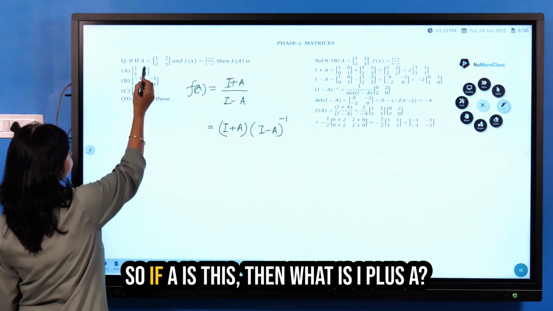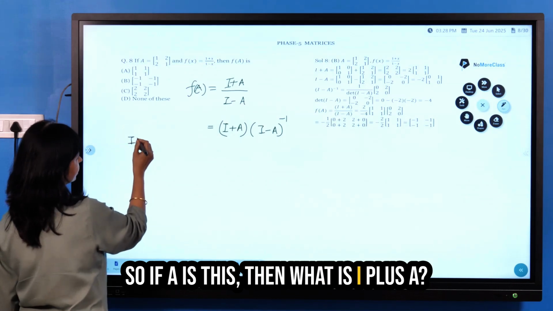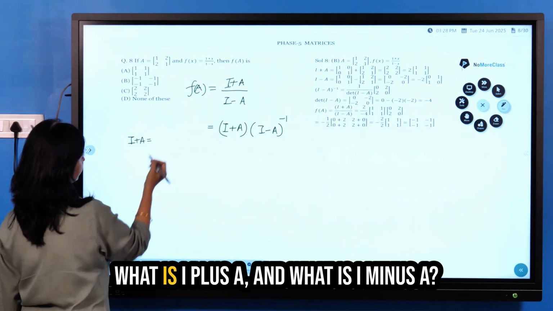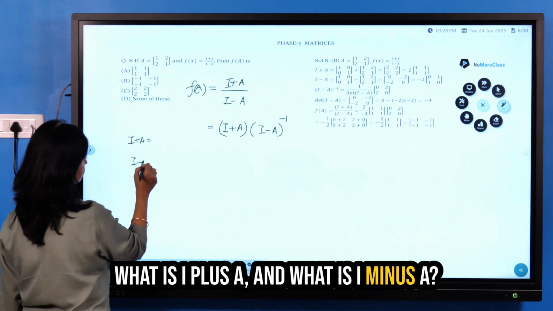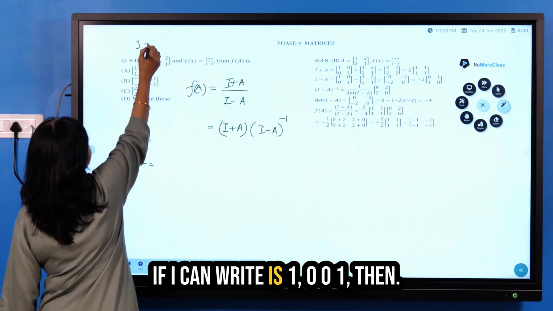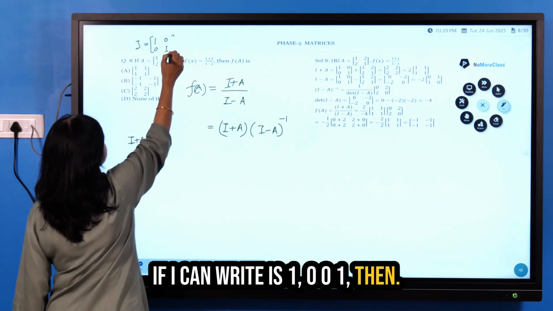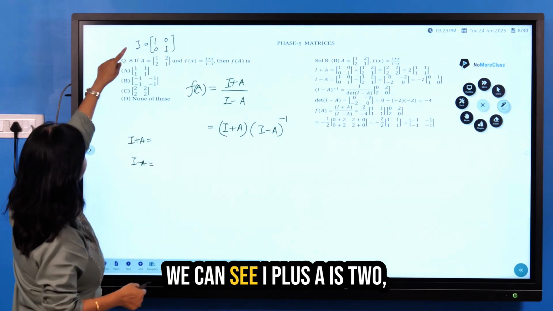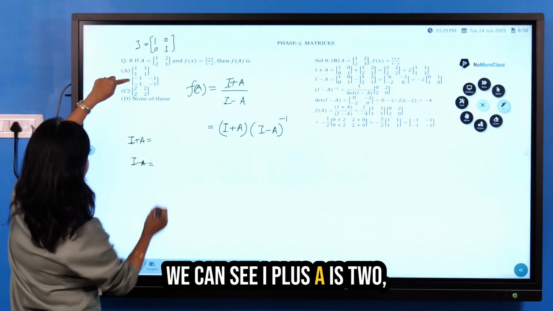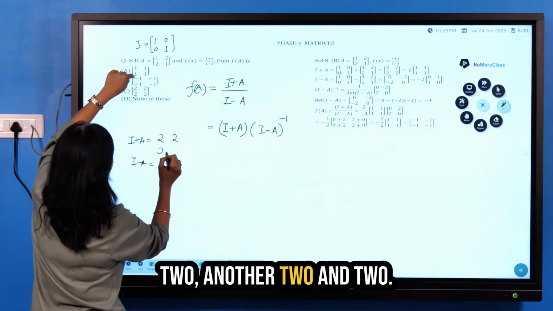So, if A is this, then what is I plus A, and what is I minus A? If I write I as 1, 0, 0, 1, then we can see I plus A is 2, 2, 2, and 2.